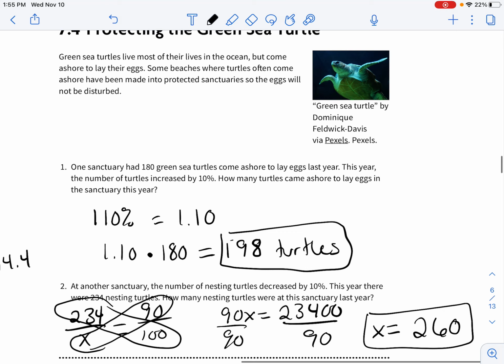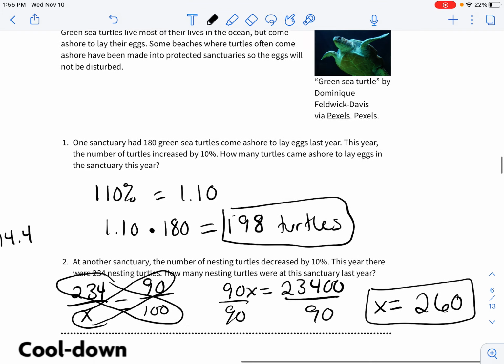So here's an increase, so 110%. We're going to take our original amount, the 180, times our 110%. Before we do that, we have to convert our percent into a decimal, which is just dividing it by 100 or moving the decimal over 2 to the left. So 110% becomes 1.10. We times that by 180 and we get 198 turtles. So that's how many came this second year.